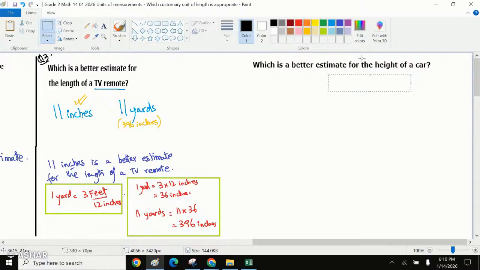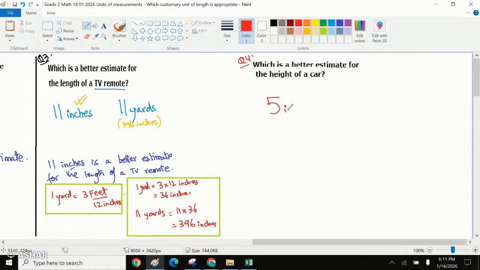This is question number 4. Question number 4 says which is a better estimate for the height of a car? If I would say 5 inches or 5 feet.